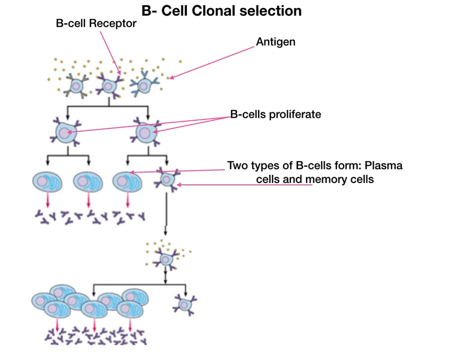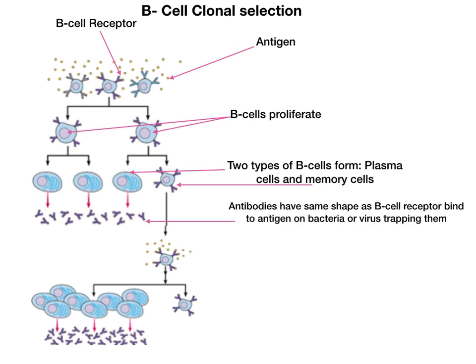Plasma cells, the ones without anything on the surface, are the antibody producing cells. You see here there's an arrow pointing to these structures. These are antibodies, and antibodies have the same shape as the B cell receptor. Therefore, once these plasma cells are made, they produce the antibody, release it into your bloodstream, and the antibodies start trapping all of the pathogens that have the antigen on their surface that can interact with it.